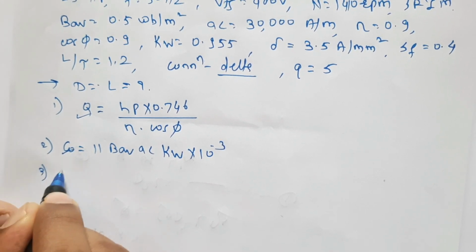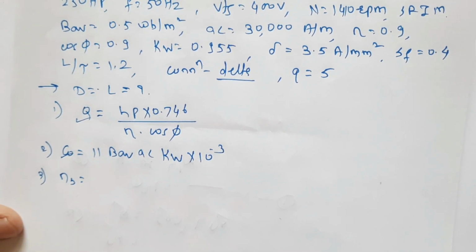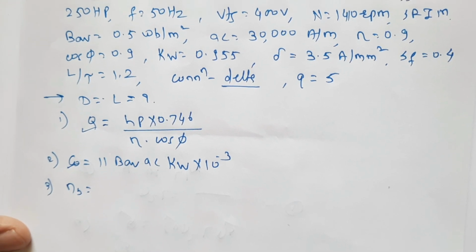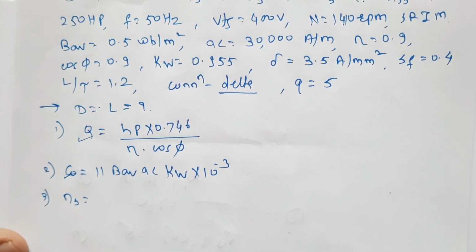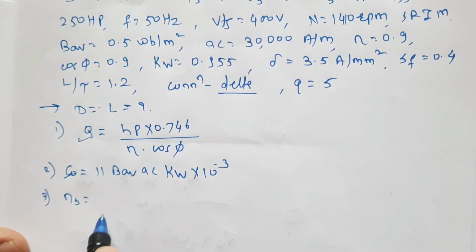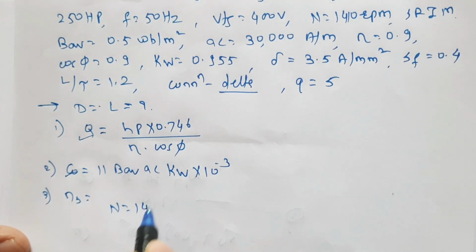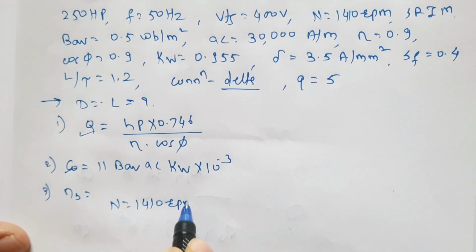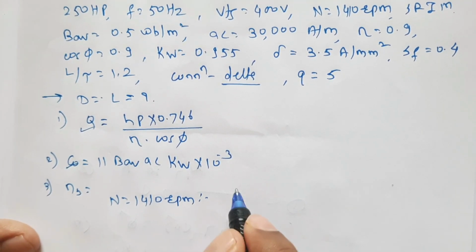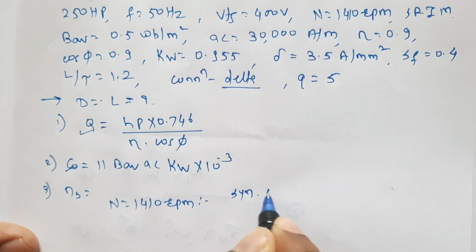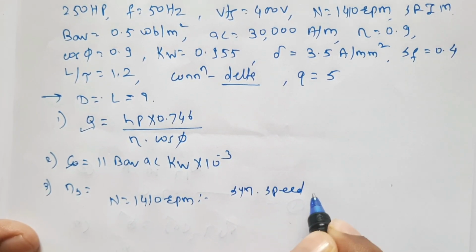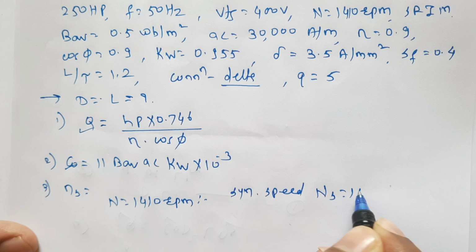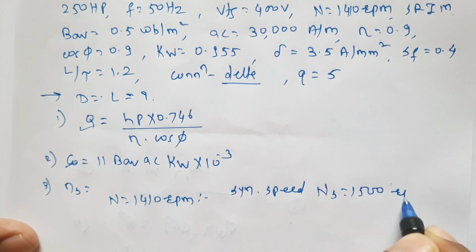Third is small ns. In this problem the actual motor speed is given, that is capital N is equal to 1410 RPM. From this we will get the nearest synchronous speed ns. We will assume that this ns is equal to 1500 RPM.